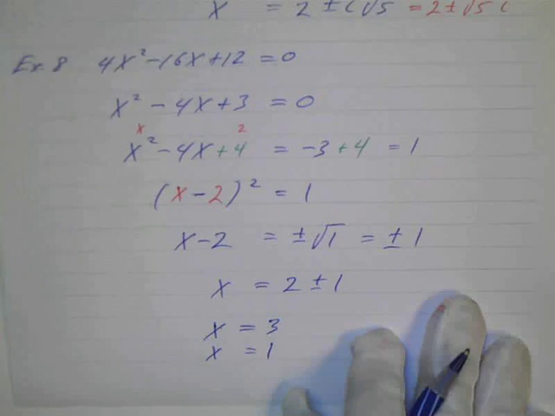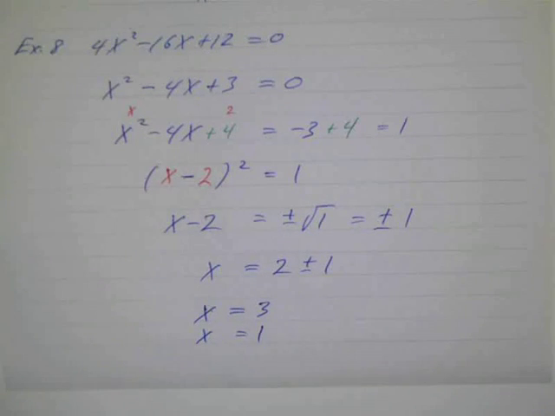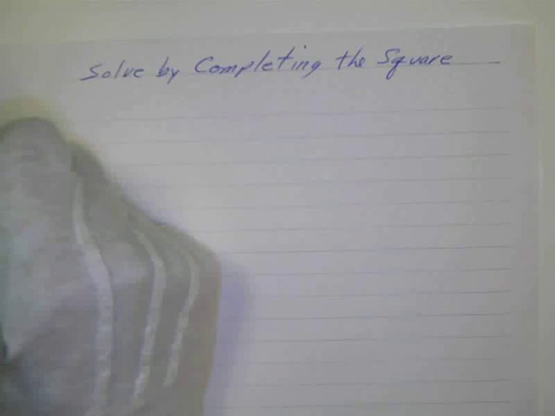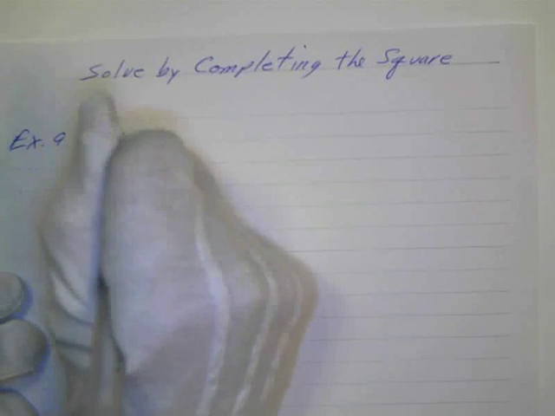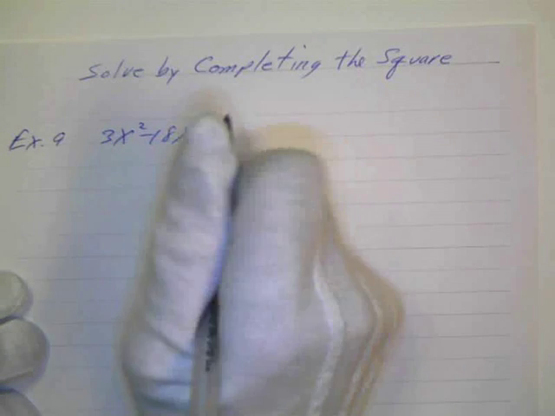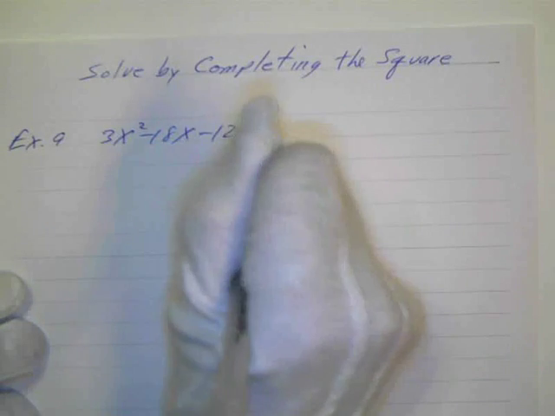Okay, we'll try one more, example 9. Three x squared minus 18x minus 12 equals 0.